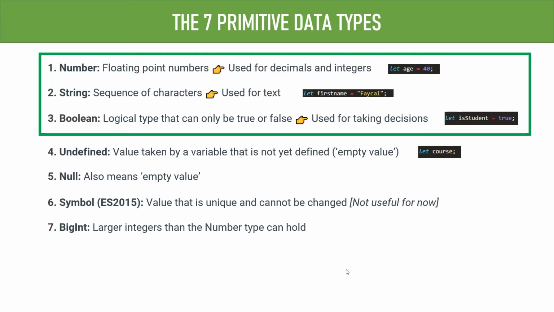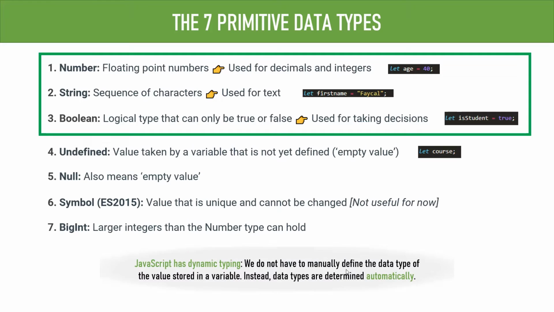But there is another fundamental thing to know about types, which is the fact that JavaScript has a feature called dynamic typing. This means that when you create a new variable, you do not have to manually define the data type of the value that it contains. In many other programming languages, you actually have to do that, but not in JavaScript.